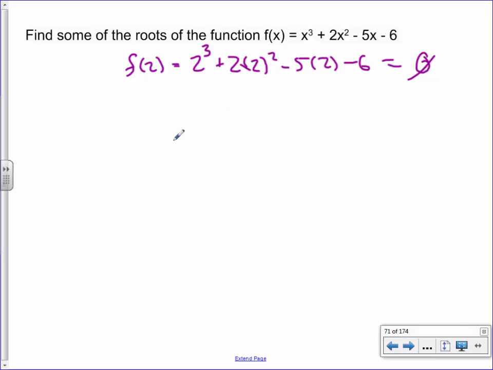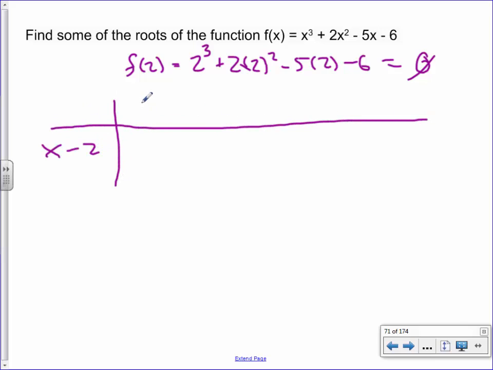So here's what I'd suggest we do next. Now let's try our synthetic division. If 2 is the root, what is the factor? Perfect. So go x minus 2 and synthetically divide it into a 1, a 2, a minus 5, and a minus 6. The remainder theorem on its own is not enough because we need to know what the leftovers are. I'll show you what I mean in a second. So, how do you synthetically divide?